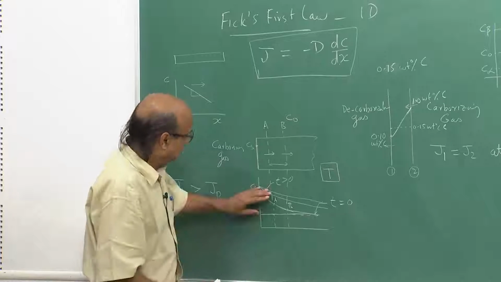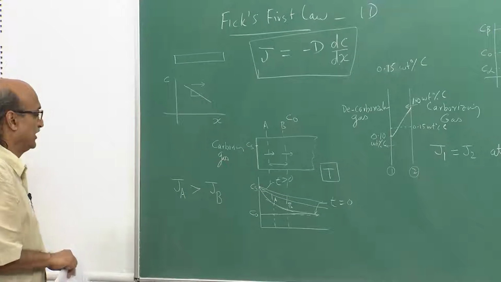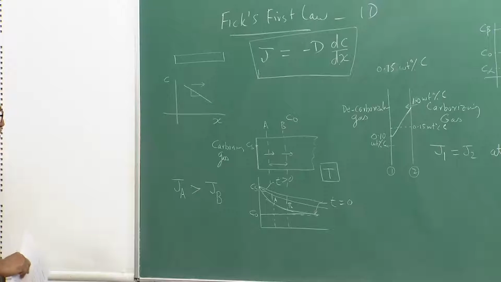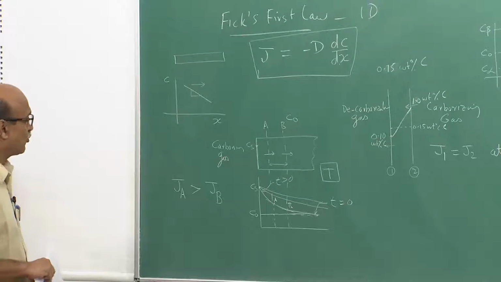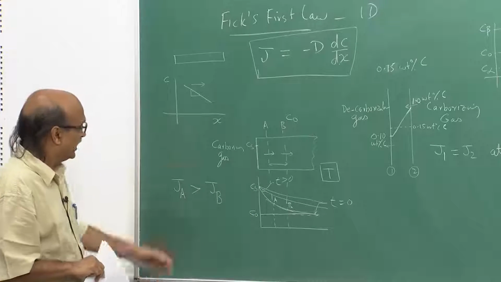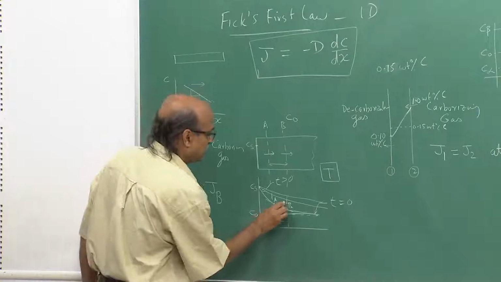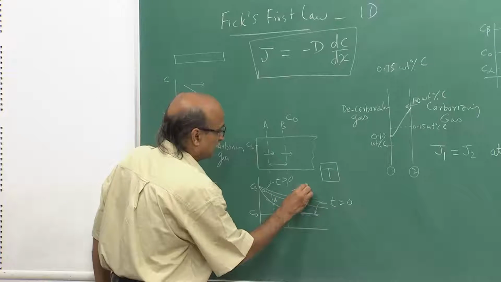Clearly, there is a time dependence in this diffusion, and we should try to see how we can quantitatively assess this time diffusion and how these concentration profiles will change with increasing time.